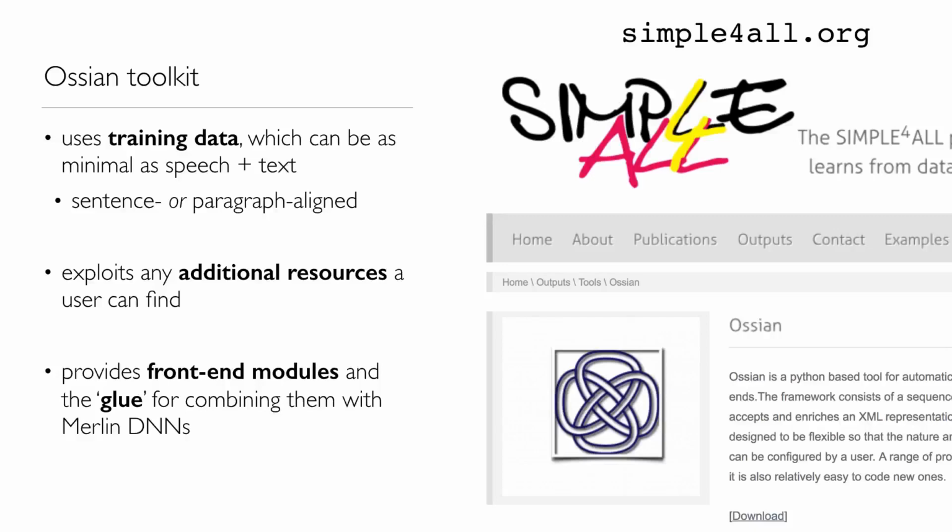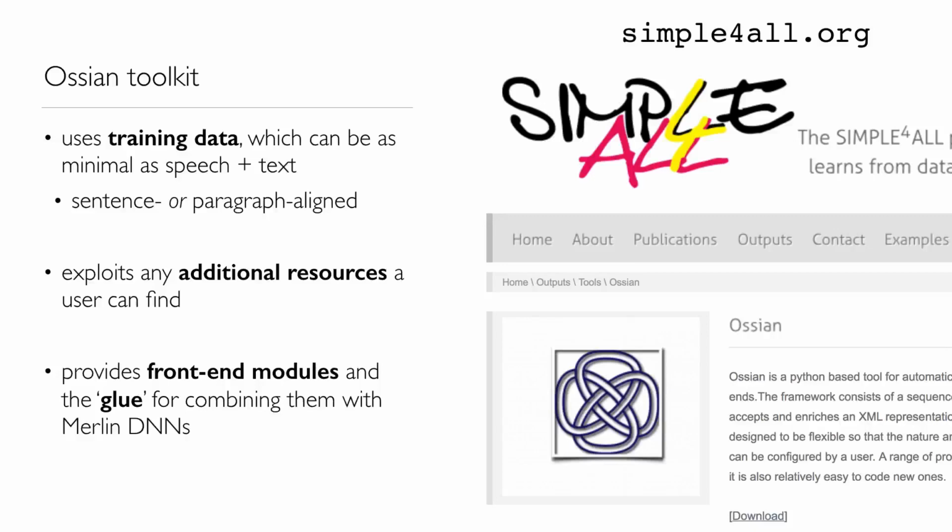And this toolkit is the product of the last few years of work of trying to do speech synthesis in languages where we don't have conventional resources and we can't rely on conventional expertise. So minimally, the tools expect as input for training speech and text aligned at the sentence or perhaps the paragraph level.